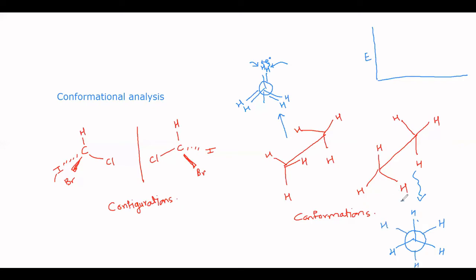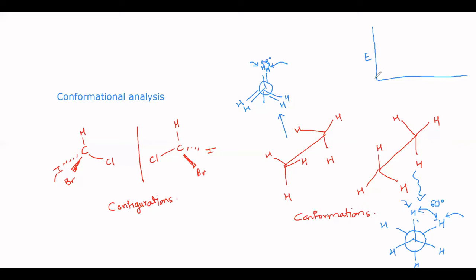So the plane containing this hydrogen and the plane containing this hydrogen, the angle between them is 60 degrees. So we call this particular conformation a staggered conformation.